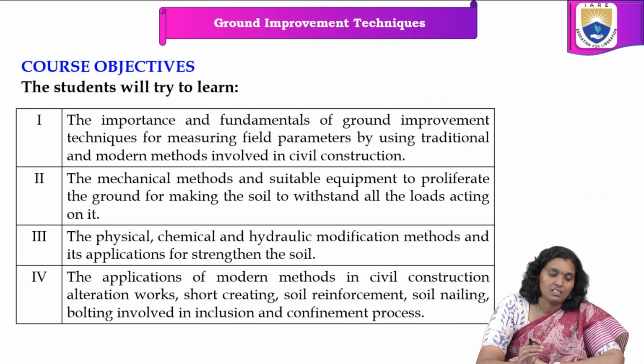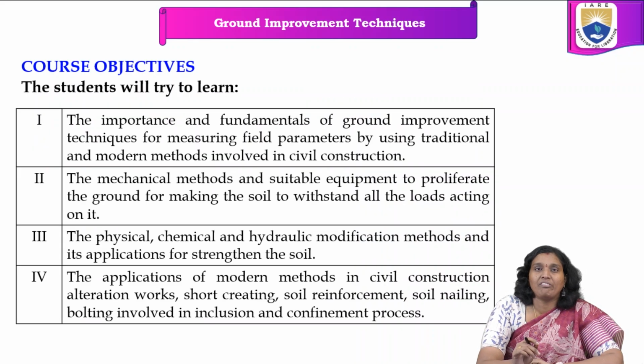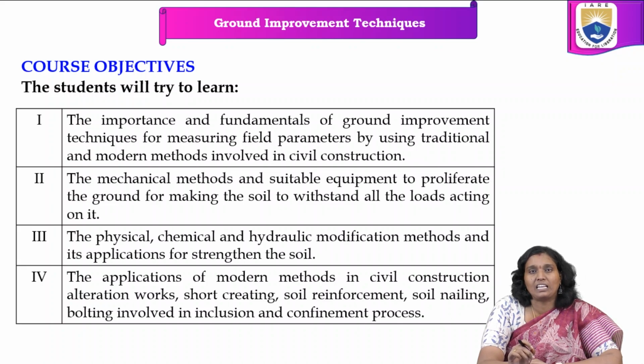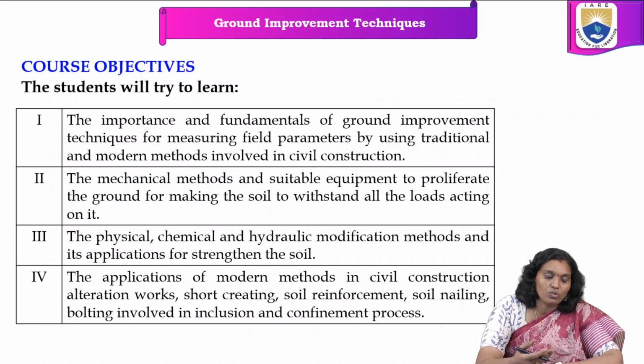In the course objectives, the student will learn the importance and fundamentals of ground improvement techniques for measuring field parameters by using traditional and modern methods involved in civil construction. Objective 2: the mechanical methods and suitable equipment to compact the ground for making soil withstand all the loads acting on it.